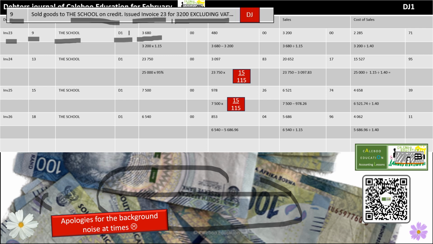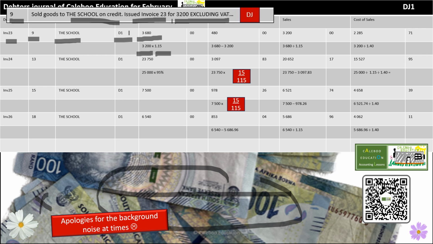So the exclusive amount was 3,200, and if I want to include the VAT, I multiply by 1 plus 15%, which is 1.15. 15% as a decimal is 0.15, and 1 plus 0.15 is 1.15.